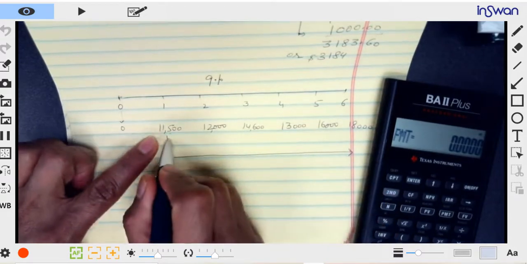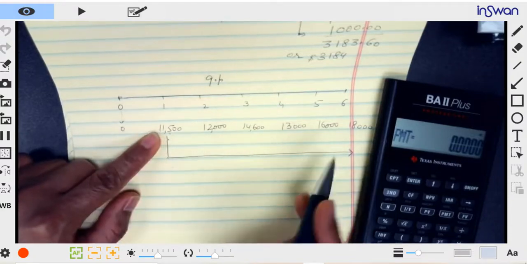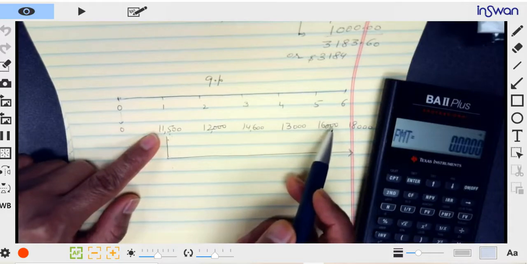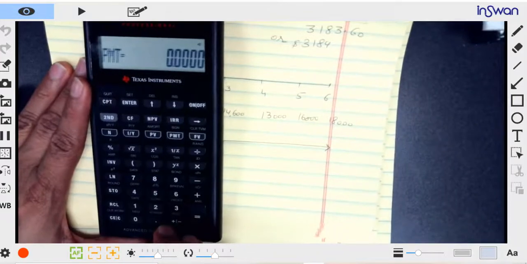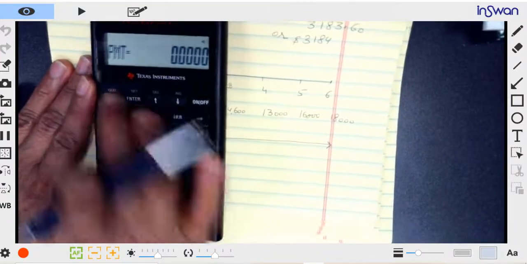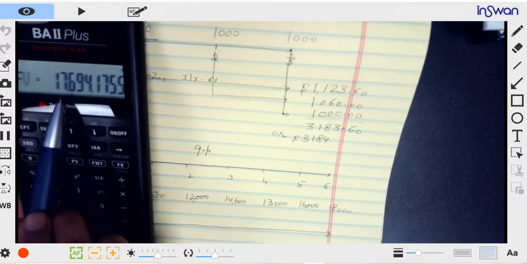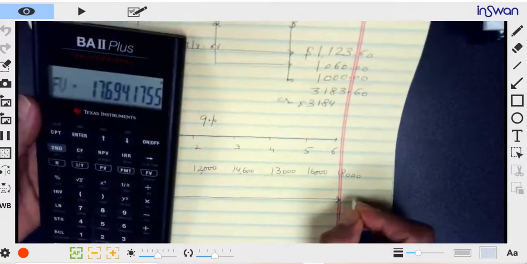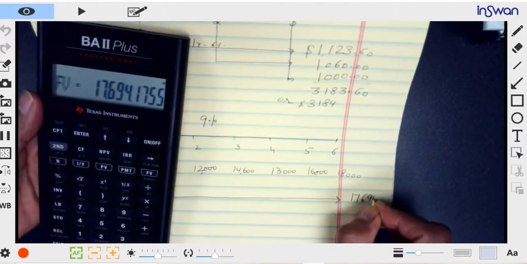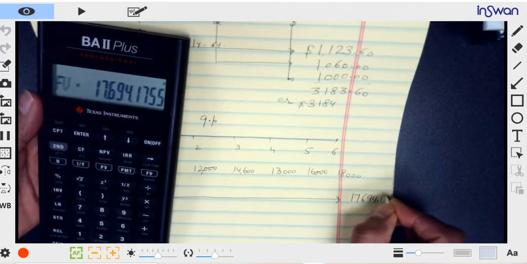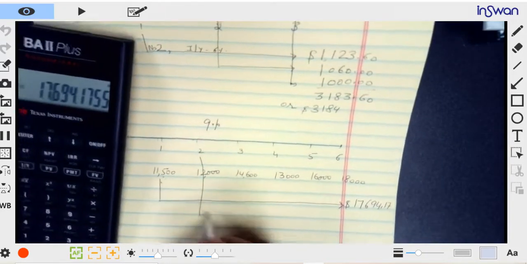Since I'm trying to calculate the future value of this number, I should forget about any other cash flows. So payment would be 0, and then compute future value. It gives us a future value of $694.17.